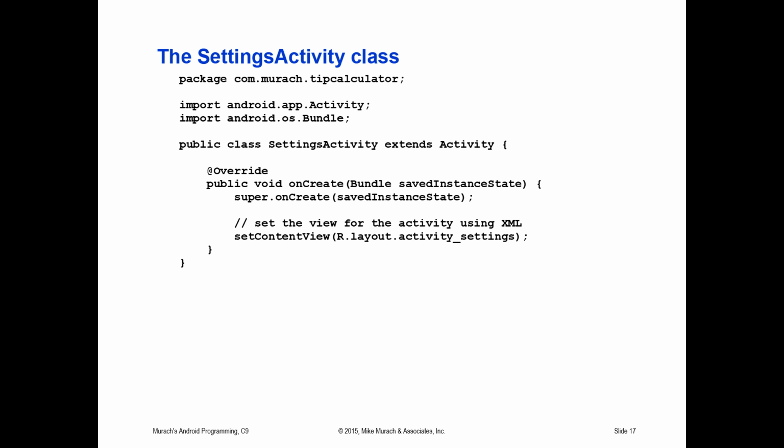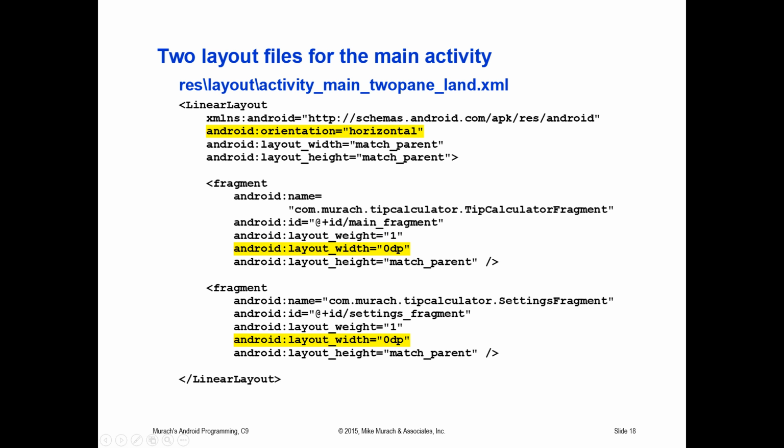So figure 9.7, the beginning of which is shown on the screen here, shows how to add multiple fragments to a layout. To do that, you can add 2 or more fragment elements to a layout file. The first example that's here is designed to display 2 fragments when the screen is in landscape mode. And the next one shows how to do it in portrait mode.